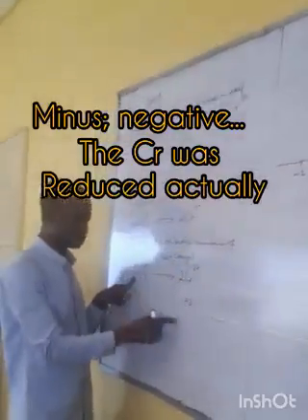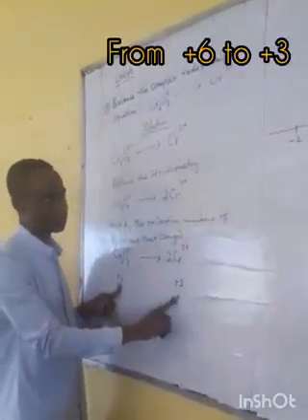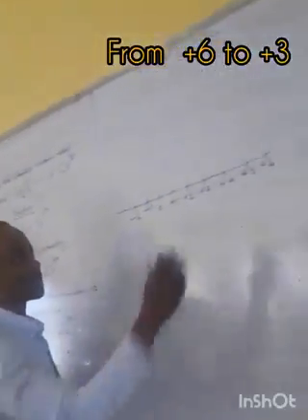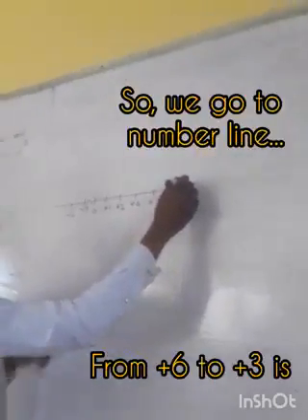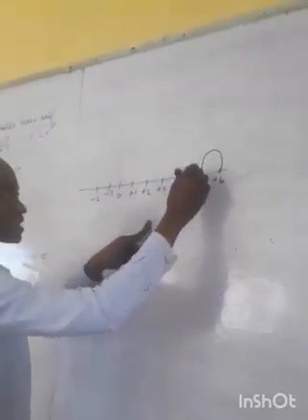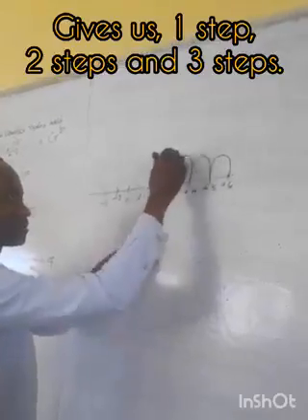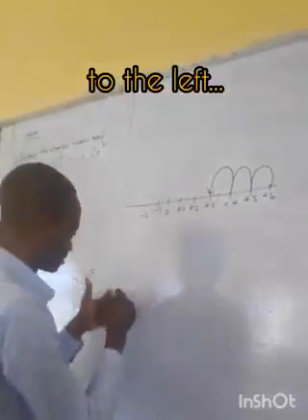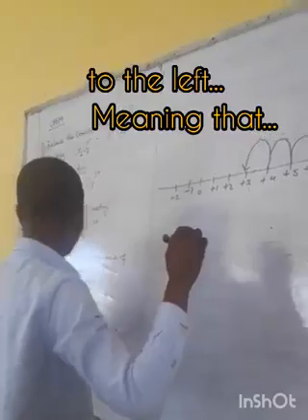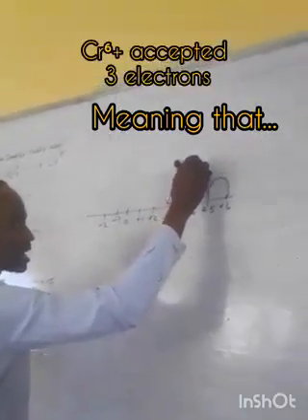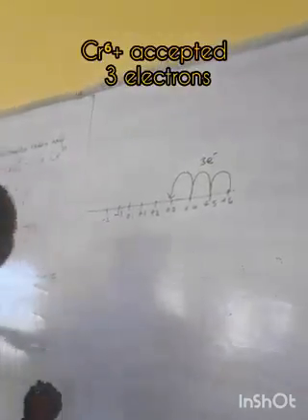The chromium was reduced actually from +6 to +3. So we go to the number line. From +6 to +3 gives us 1 step, 2 steps, 3 steps to the left, meaning that chromium 6 ion accepted 3 electrons.